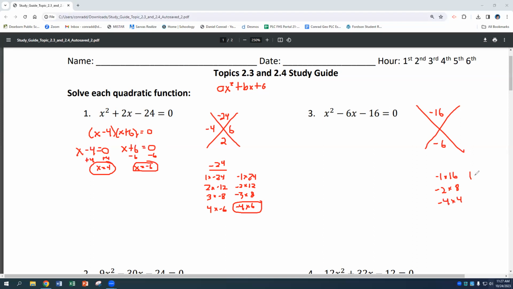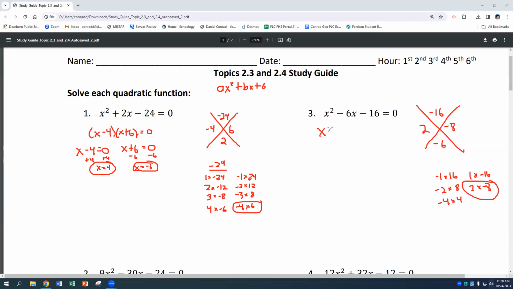We can also switch the negative, so we have 1 times negative 16, and we have 2 times negative 8. Those are our factors. We need them to add up to negative 6. All right, so that's going to be 2 and negative 8. 2 times negative 8 is negative 16. 2 plus negative 8 is negative 6.